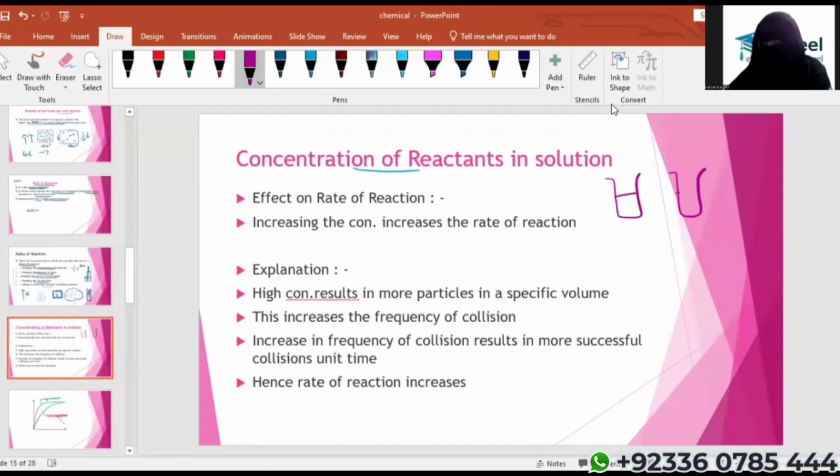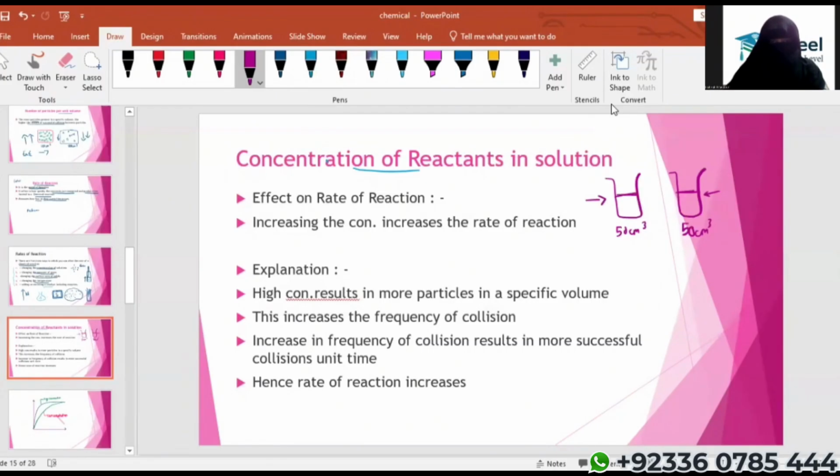Both have the same volume of juices. Let's say 50 centimeter cube, and the store bought is also 50 centimeter cube. When you taste these two juices, you will find that the pure juice has more concentration and it is tastier, and the store bought juice is more dilute and it is less tasty than the pure juice.